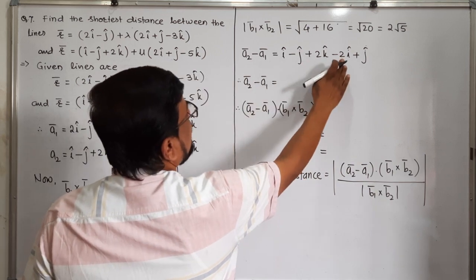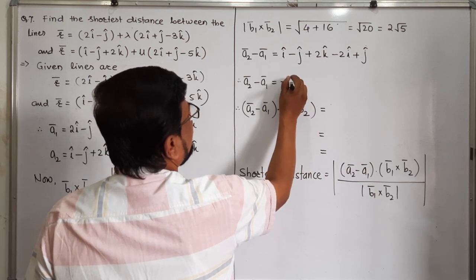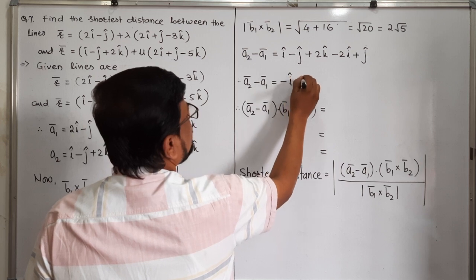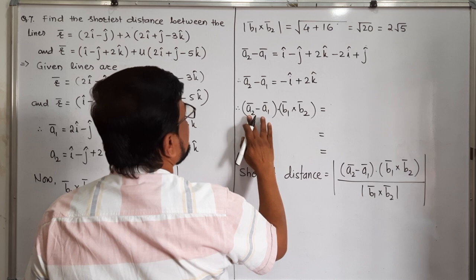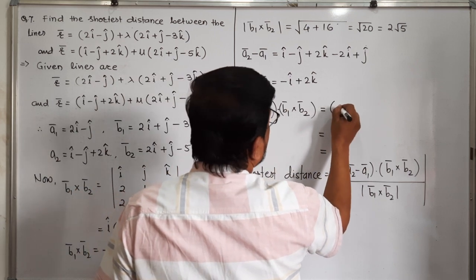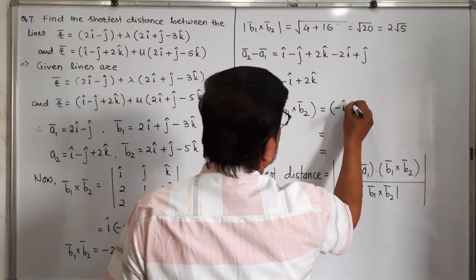Now i minus 2i is minus i and plus 2k. Now a2 minus a1 is minus i cap plus 2k cap.